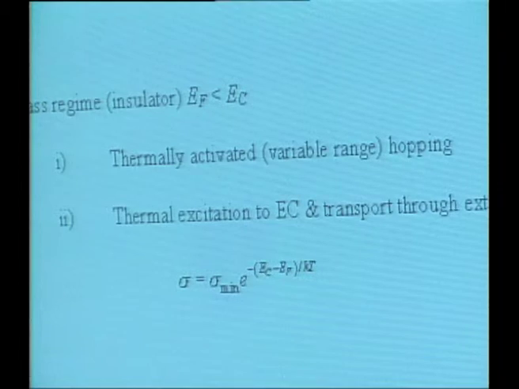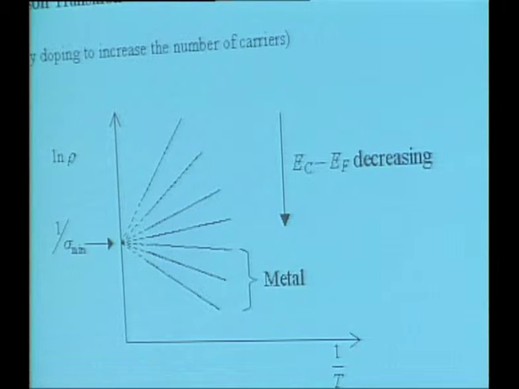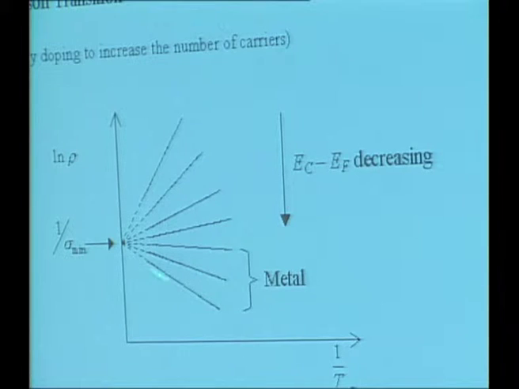So in a Fermi glass, the mobility edge is, as I said, the Fermi level is a region of localized states. If that's true, then the only way you can get conductivity is by thermal activation, and I'll tell you a little bit about that in a minute. But let's just look qualitatively at what you would expect. So if you have a metal, then as you go to higher and higher temperatures, the resistance goes up because you're scattering more.